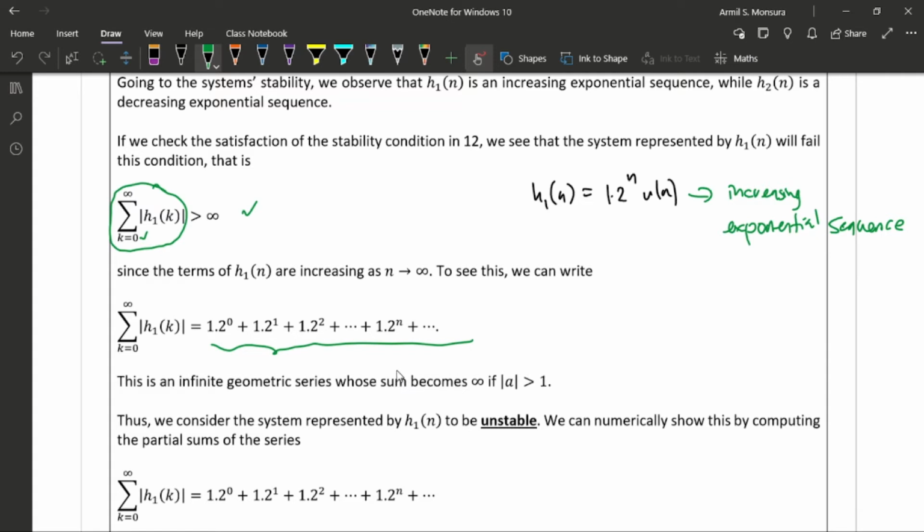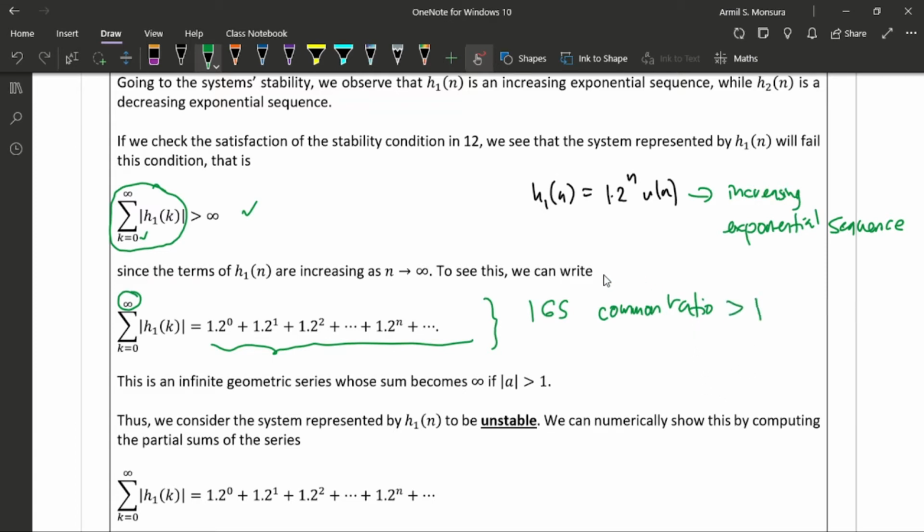Notice that this is an infinite geometric series. Infinite yan kasi the upper limit of your summation is infinite. And as we know, we don't have a sum for an infinite geometric series when the common ratio of the geometric series is greater than 1.